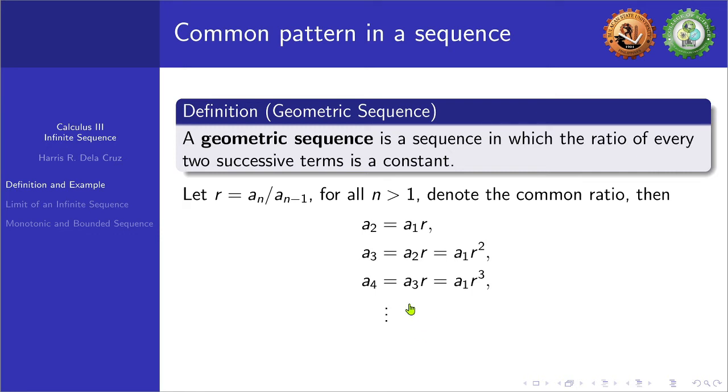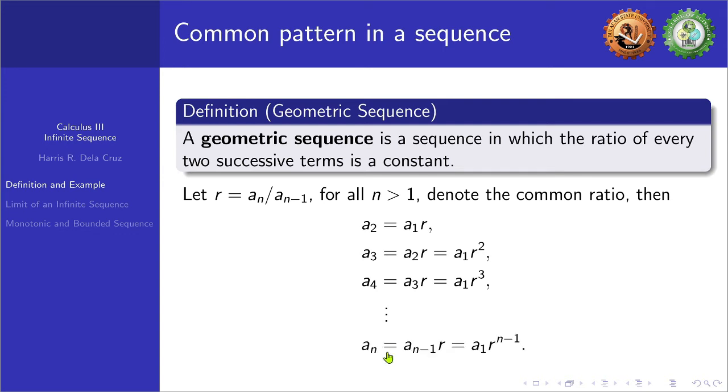Very good. So in general, we can get the formula for A sub n. So look at the pattern. If the subscript is 4, that's A1 times R to the 4 minus 1. If the subscript is 5, that's A1 R to the 5 minus 1. So in general, we have A sub n equals A1 times R to the n minus 1.